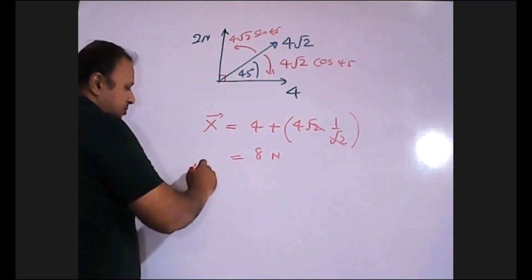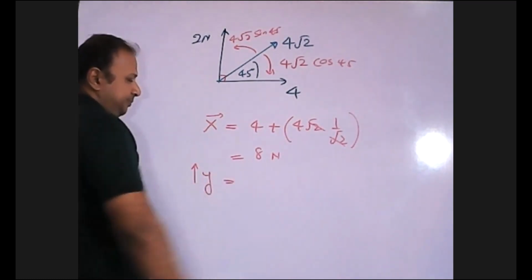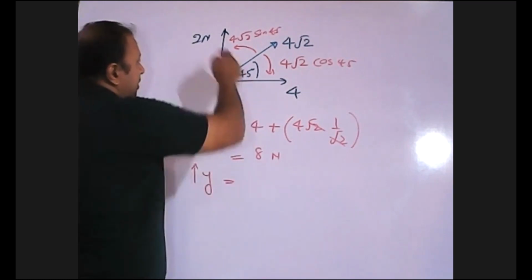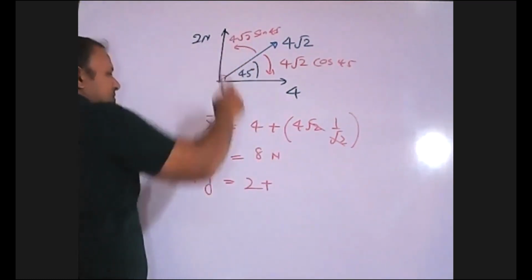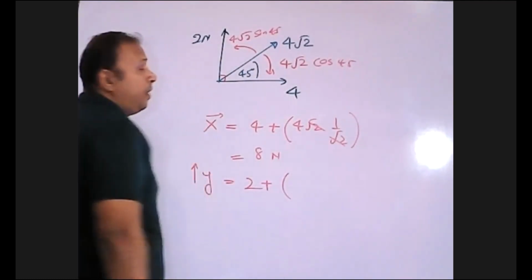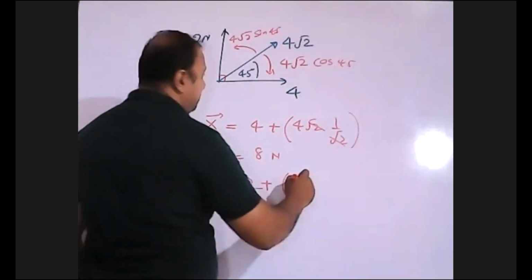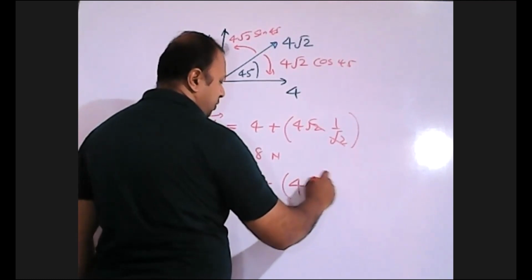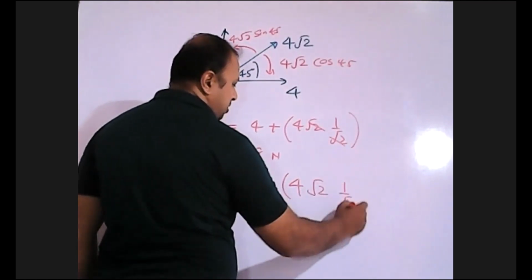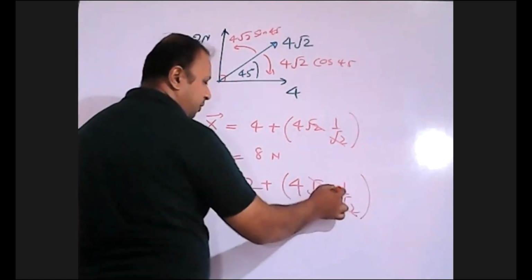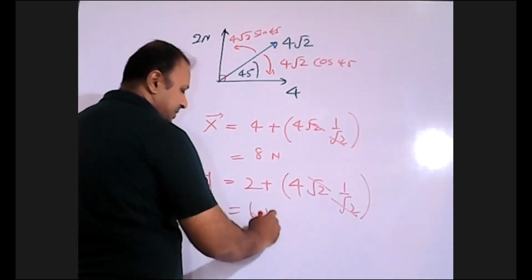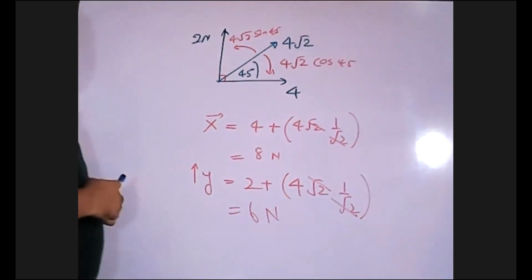Then y is equal to 2 plus this force, 4 into root 2 sine 45, which is 1 over root 2, so it cancels out. The answer is 6.